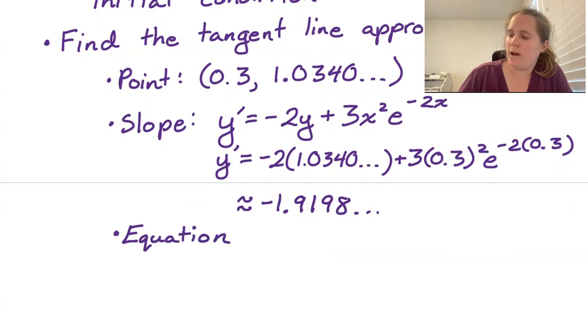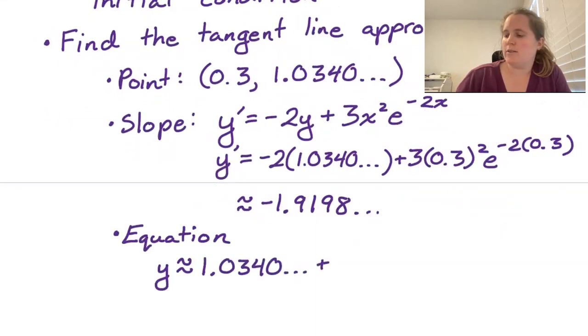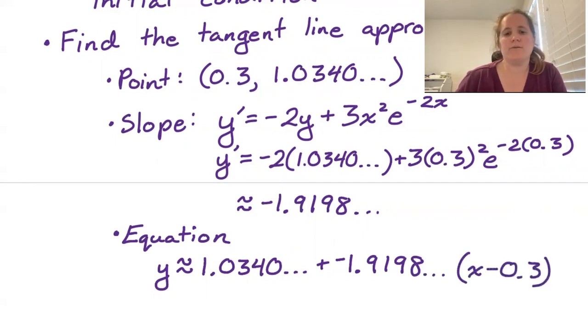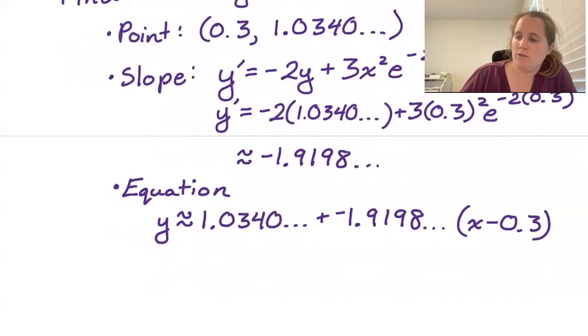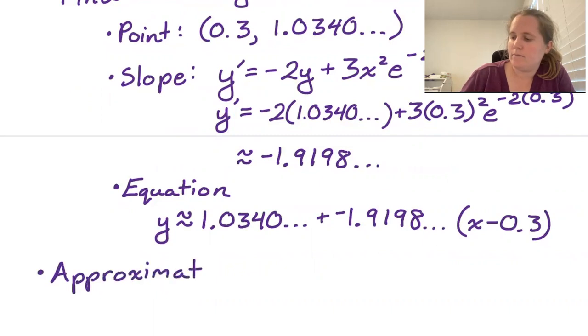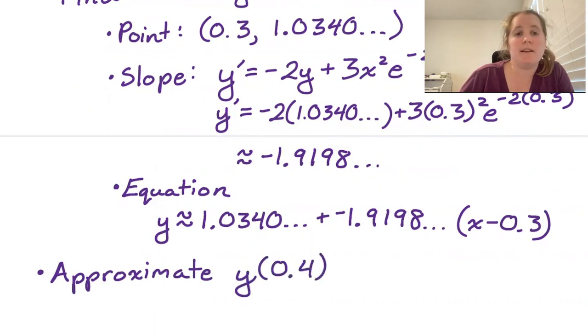Continuing on, our equation is therefore y is approximately our initial y value of 1.0340 plus our slope negative 1.9198 times x minus 0.3, our initial x value here. From there, we'll go ahead and approximate y of 0.4, our next step down the line.